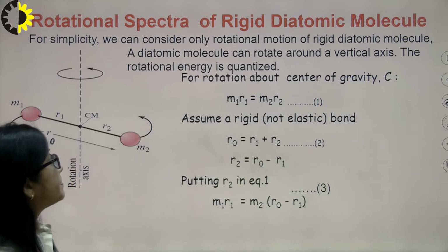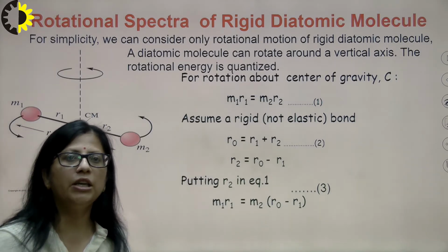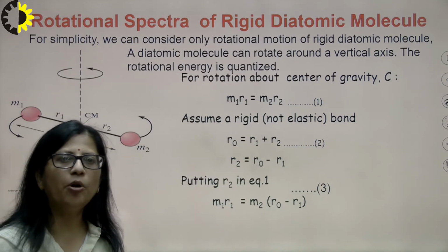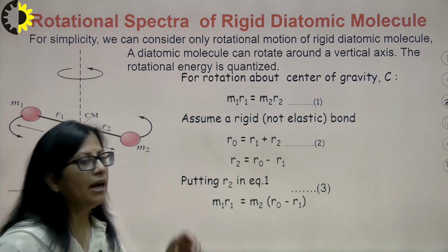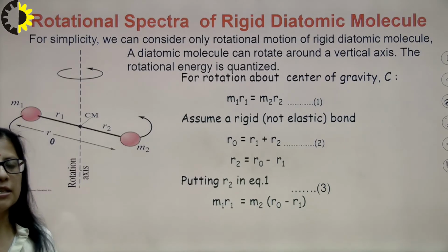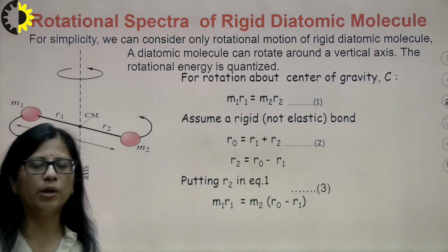Now, here we are considering only rotational motion of the rigid diatomic molecule, and a diatomic molecule can rotate around a vertical axis, and the rotational energy levels are quantized. We are taking a gaseous molecule, therefore, the rotational energy levels are quantized.